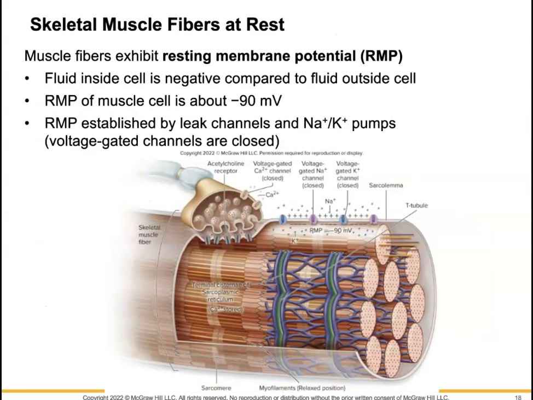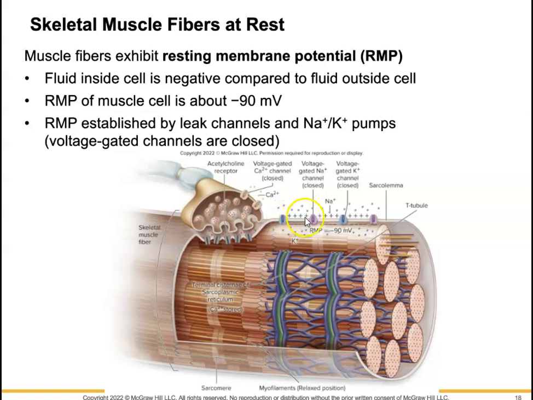So a very important feature of skeletal muscle is the electrical charge across the cell membrane, the sarcolemma. So right inside the cell membrane, there's a lot of negative charges. In comparison to the interstitial fluid outside the cell, there's a lot more positive charges. So that difference, as you can see right here, so here's the sarcolemma, the cell membrane.